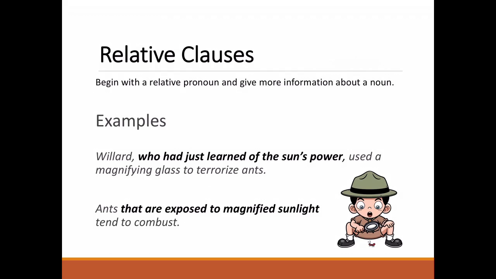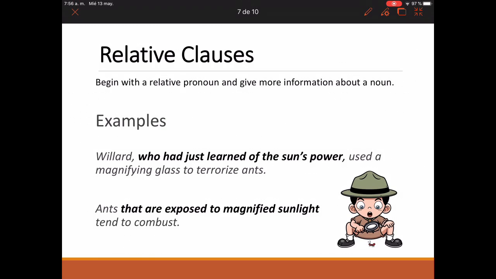Let's see the other example. Ants that are exposed to magnified sunlight tend to combust. If you see in this example, we don't have commas. They can be used with or without commas in some cases. Which is our subject? Ants. And which is our relative clause? That are exposed to magnified sunlight.